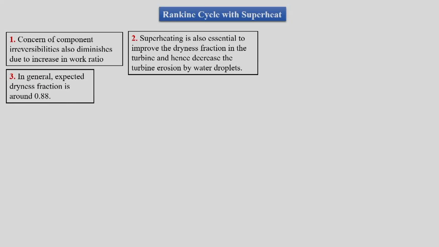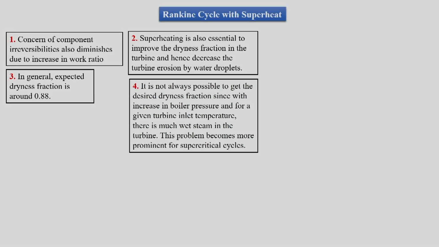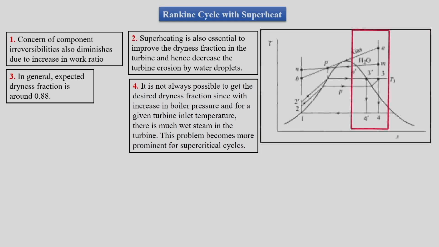So we are expecting that our dryness fraction has to be in the range of 88%, but it is not always possible to attain this dryness fraction only with superheat basically. So if we consider a typical example, who is supplying the heat to the water such that water is getting heated?